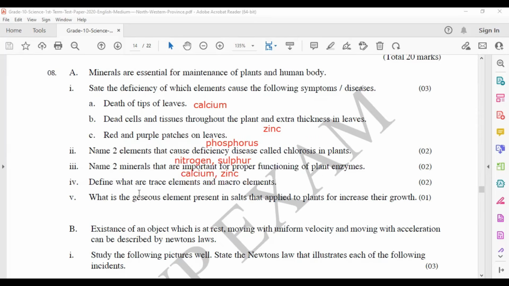Roman number 4. Define what are trace elements and macro elements. Macro elements means elements which are needed in more amount. They are the macro elements.